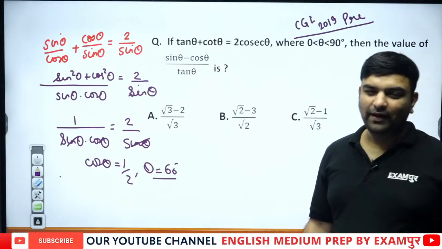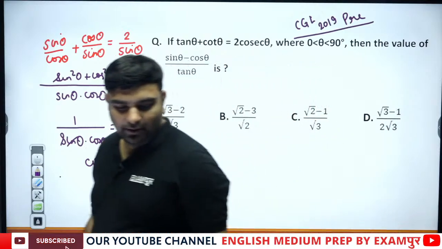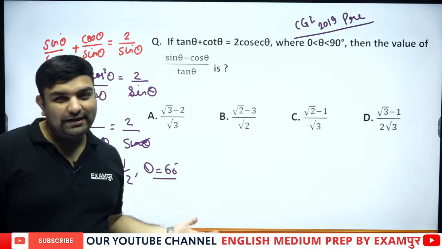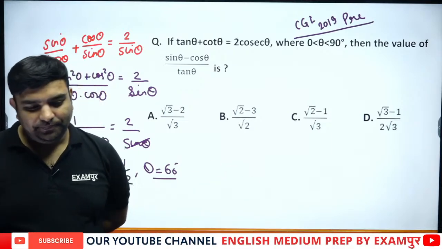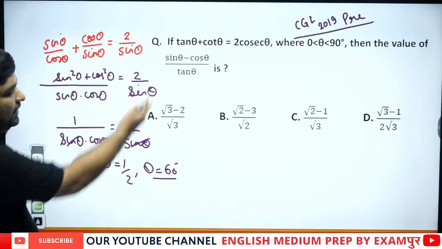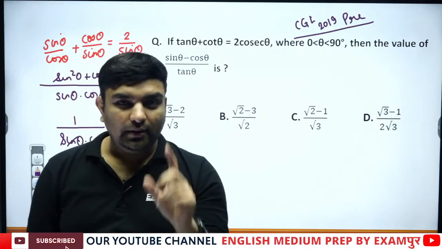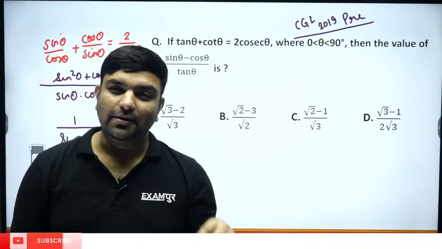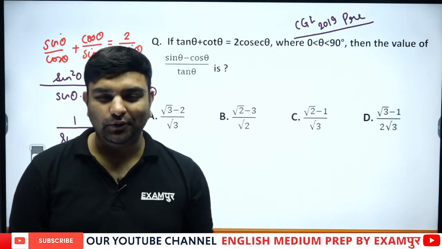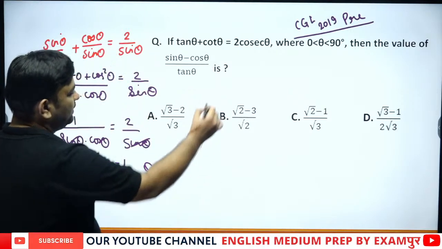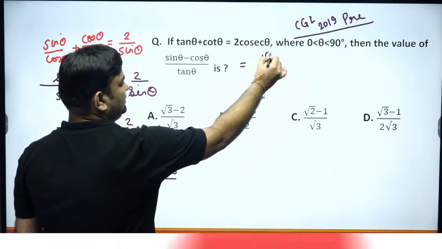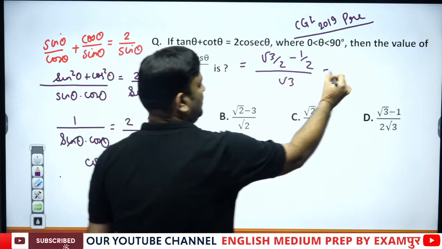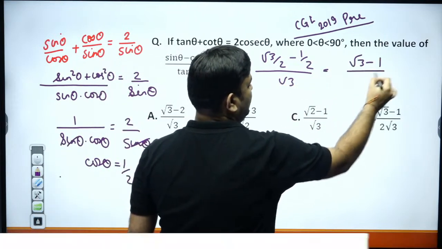This is getting simplified, and that is the reason we can find it out. Otherwise, there is one question, which will come in today's session, where if you convert into equations, it becomes complicated. Sine 60 is root 3 by 2, cos 60 is 1 by 2, tan 60 is root 3. Root 3 minus 1 by 2 root 3.